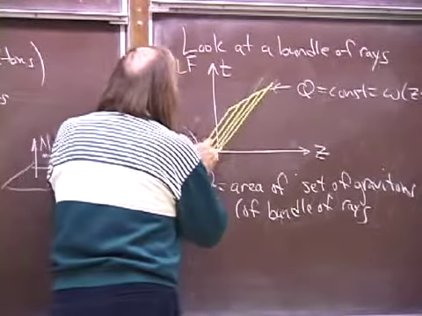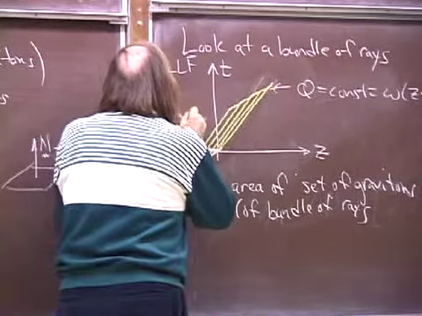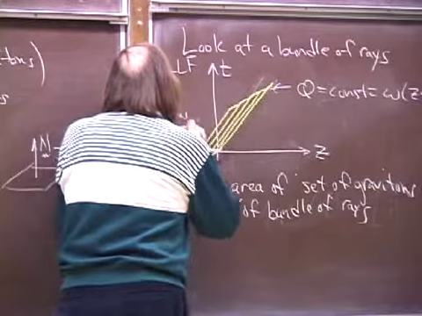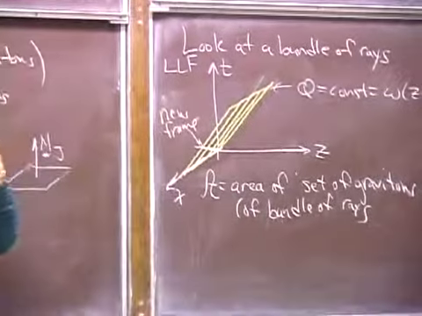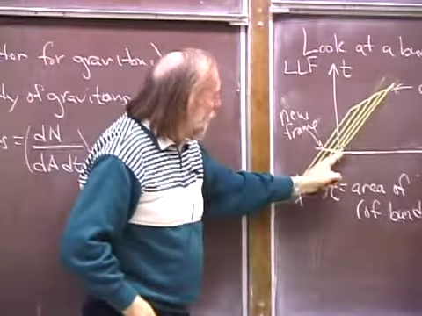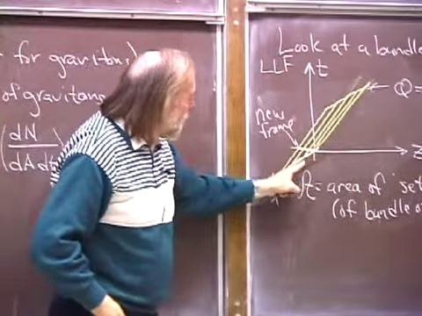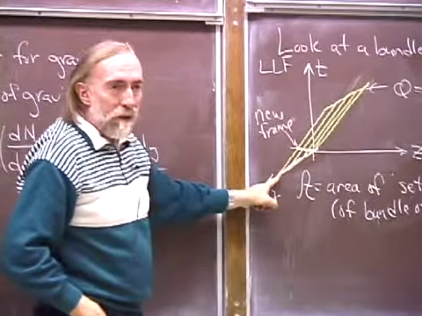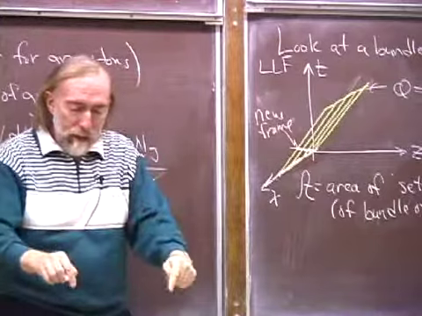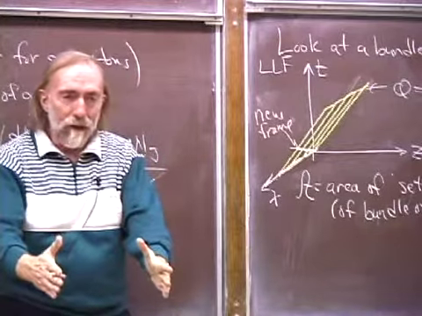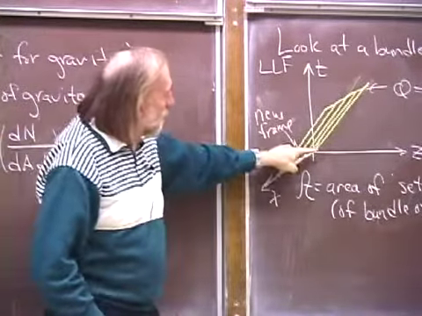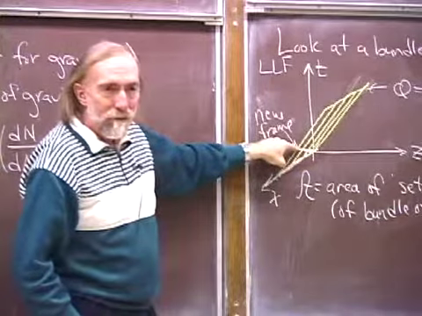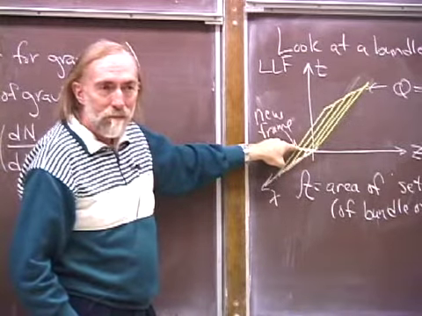So that's in the new frame, that's the slice of constant time. And what I claim is that the length of this line, which is the length along one edge of my bundle of gravitons, is the same as the length of that line, viewed as lines in space-time.